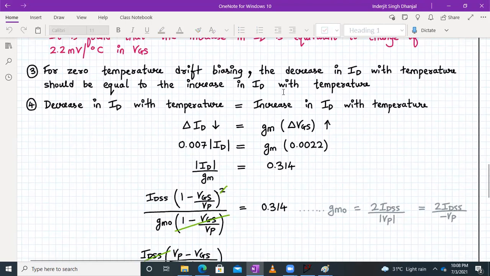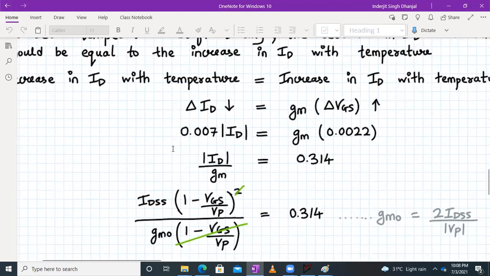Now, for zero temperature drift biasing, the decrease in the drain current ID with temperature should be equal to the increase in the drain current ID with temperature. So delta ID is equal to GM into delta VGS. Now we know that GM is nothing but the variation in the current divided by the variation in the gate to source voltage, so these two mean the same.